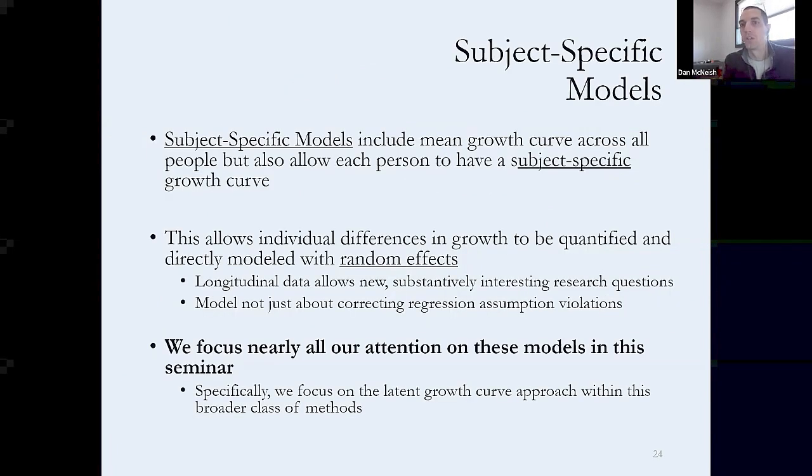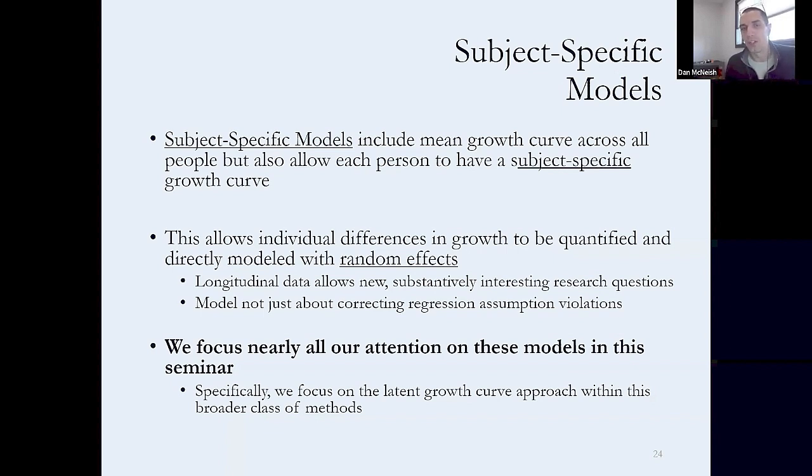And to start to set the scene for the kinds of ideas we're going to talk about today, these types of models do ask questions about the mean growth or what the typical growth pattern looks like for the entire sample. But they also are going to ask questions about subject-specific growth curves.